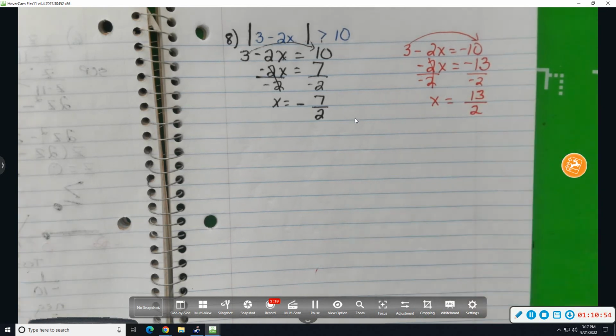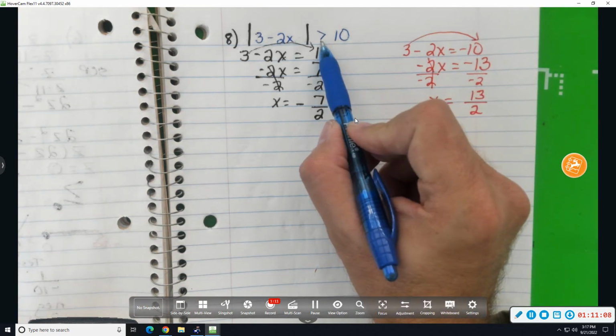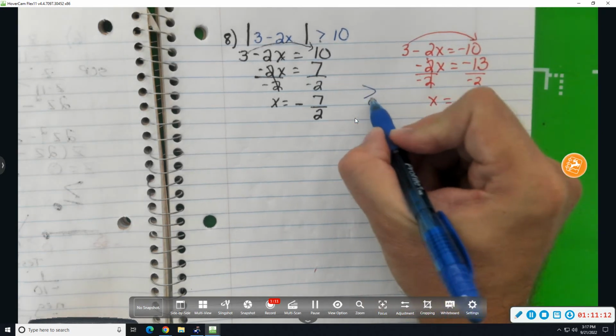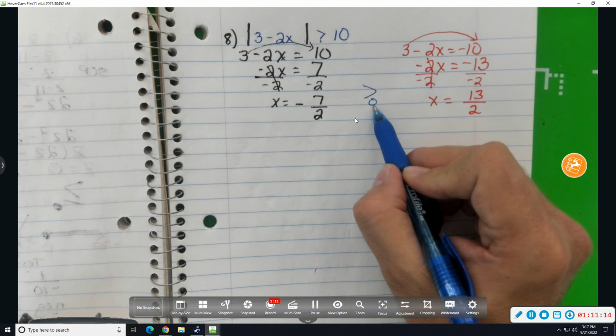Even though they're both fractions, it's easy to locate on the number line because one's negative and one's positive, right? Oh, before I draw the number line, these were solution cut points, so open or closed circles. Okay, because there's not an equal sign, it's going to be an open circle.